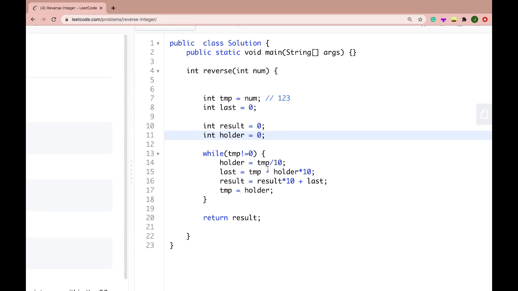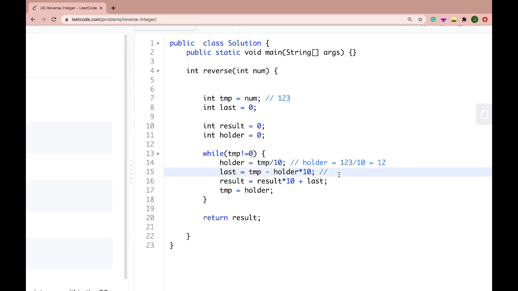And if we get into this while loop, while temp is not equal to 0, holder equals temp divided by 10. So holder currently is temp divided by 10, which equals 12. And last is getting the last digit of the given input.